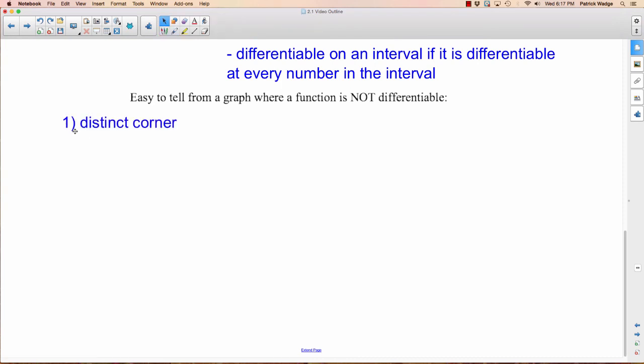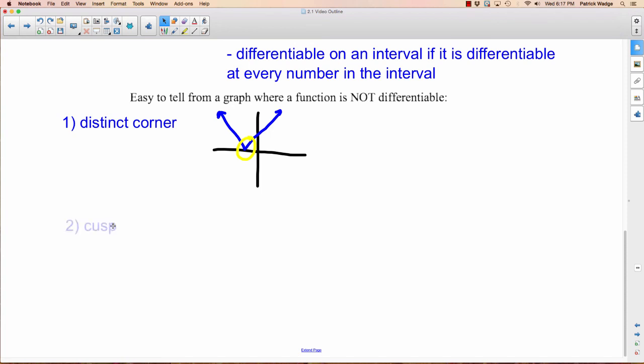Number 1, if it has a distinct corner, it's not going to be differentiable. So for example, if it looked like this, what's this look like? Absolute value. This distinct corner right there means it's not going to be differentiable at that point if that shows up in your graph. Differentiable here, here, here, here, not differentiable there.